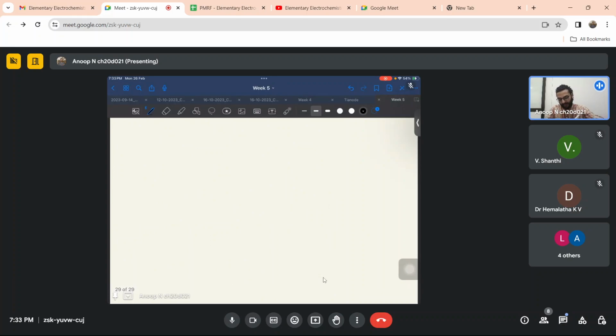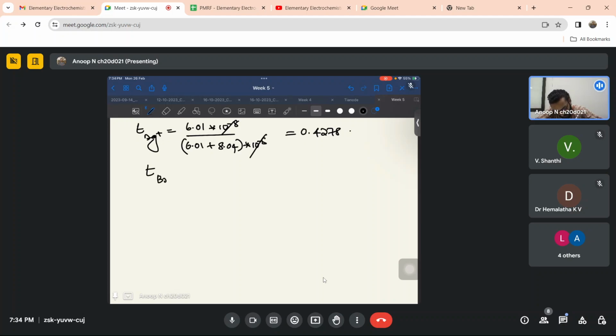So here T Ag plus is equal to 6.01 into 10 raised to minus 8 divided by (6.01 plus 8.04) into 10 raised to minus 8, which comes to 0.4278. Either you can do V divided by U plus V, or simply write T Br minus equal to 1 minus 0.4278, which is 0.5722.